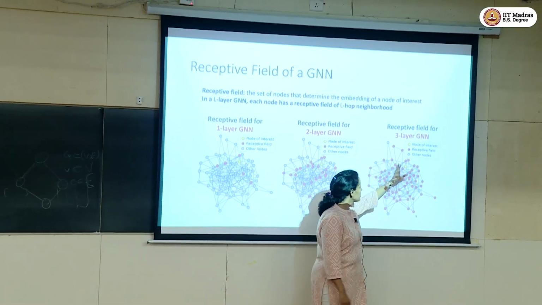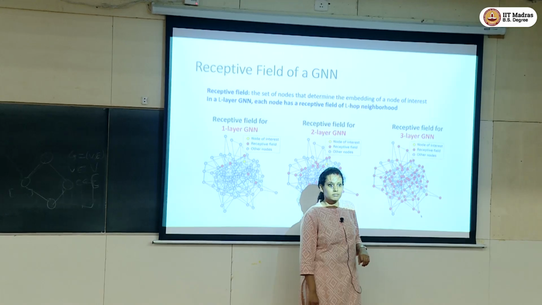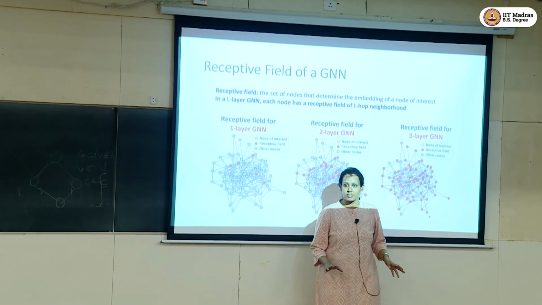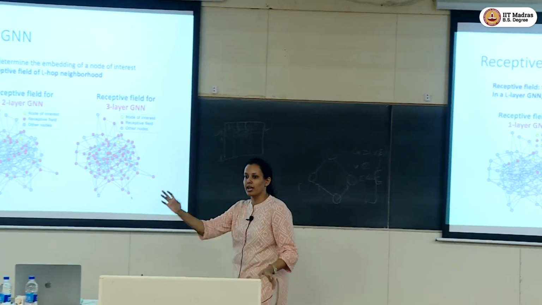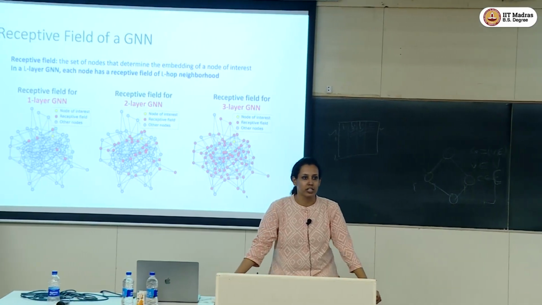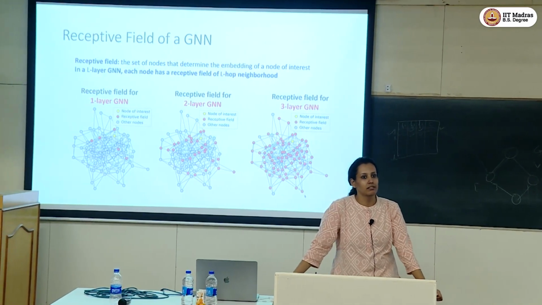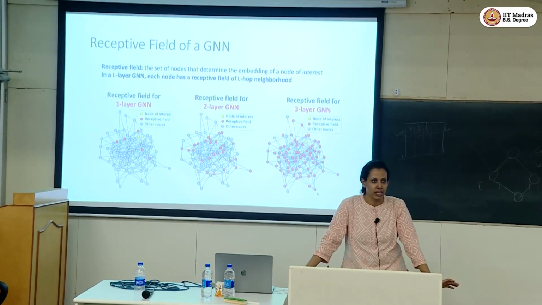And for a three-layer GNN, the whole graph is the neighbor of this node. That means for some other node also it is a similar case. So the neighborhood becomes similar for every node after a few layers of GNN. That means there is no distinctive factor and all the feature vectors are similar, which is not a great idea.